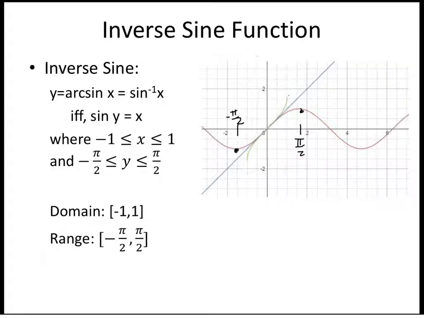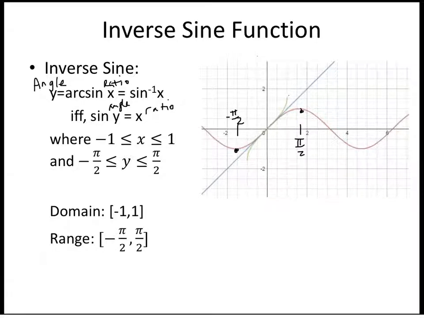Okay? So another good way to write this would be an angle equals arc sine of a ratio, okay, if and only if sine of that angle equals the ratio. Okay, so we're actually physically changing these domains and ranges around, okay?